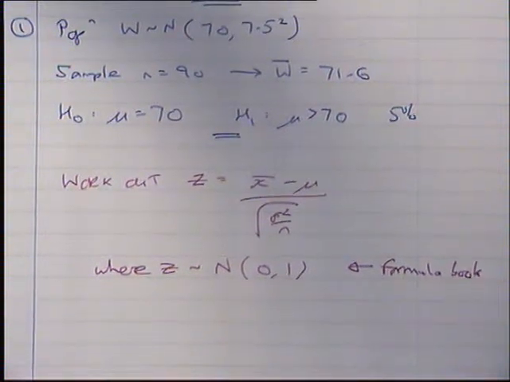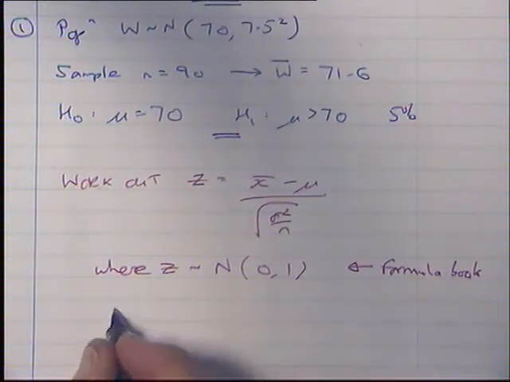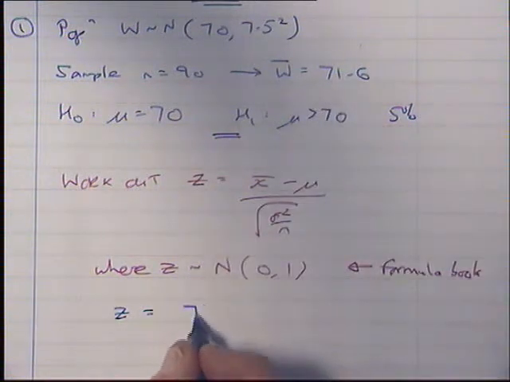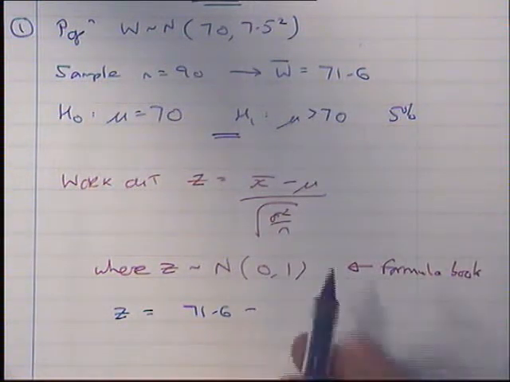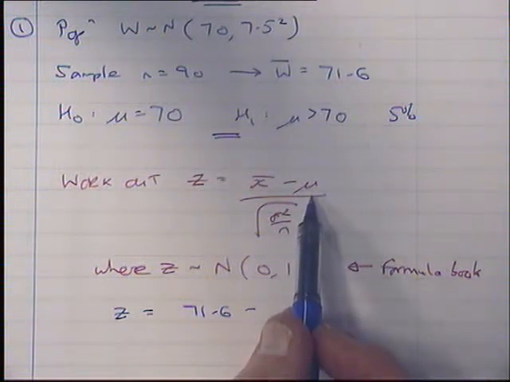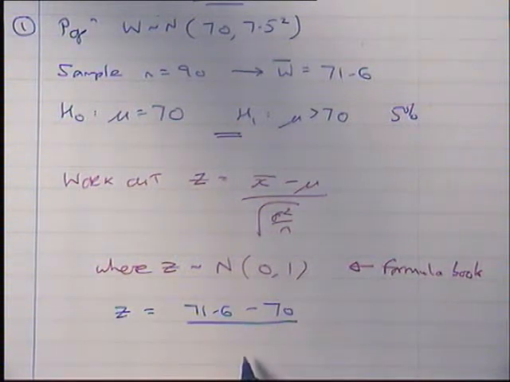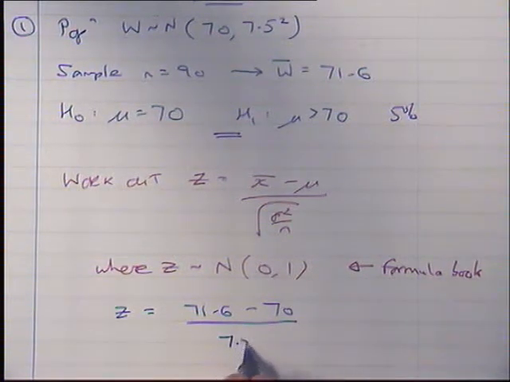So, for this question, our Z is going to be sample mean 71.6, take away our assumed population mean 70, divided by the square root of sigma squared, which is 7.5 squared, divided by the size of our sample, which is 90.